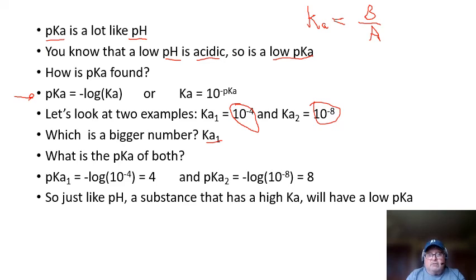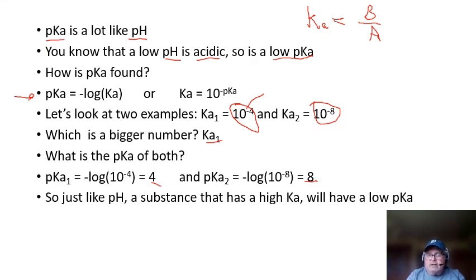The bigger number is going to mean it's more acidic. So 10 to the minus fourth is bigger than 10 to the minus eighth. Now, what is the pKa of both? Well, pKa1 is equal to minus log of 10 to the minus fourth, which equals 4, and pKa2 is 8.